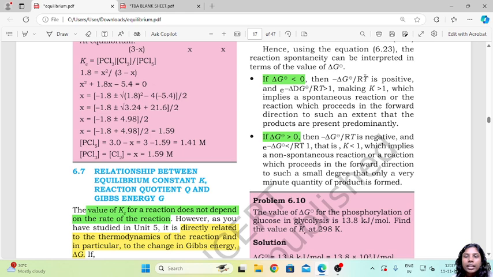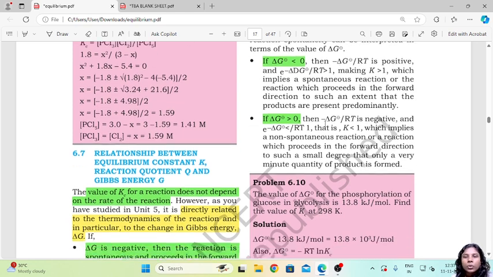So, in such a case where delta G naught is greater than 0, the value of K, the equilibrium constant, is going to be less than 1, and the forward direction is not going to be predominant, so product formation is not going to be favoured.